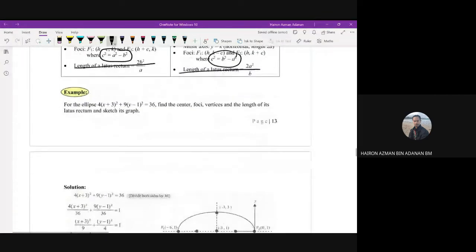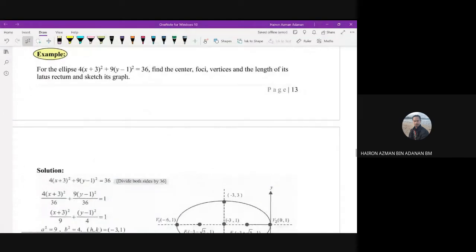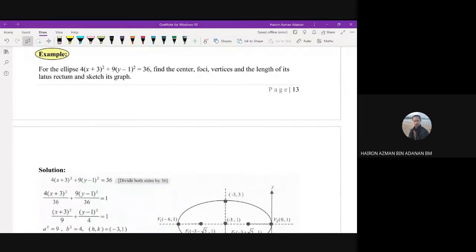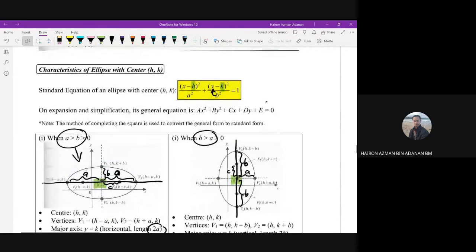The next part, I give you an example. For the ellipse, this one is actually the general form. Sometimes your question is given in general form. So how to get the standard equation?